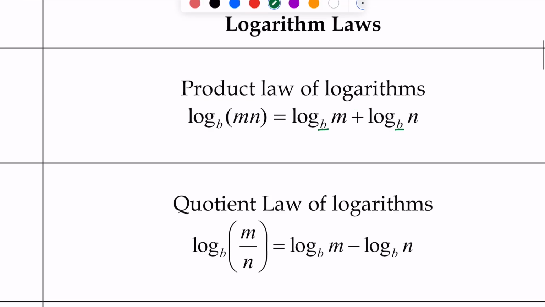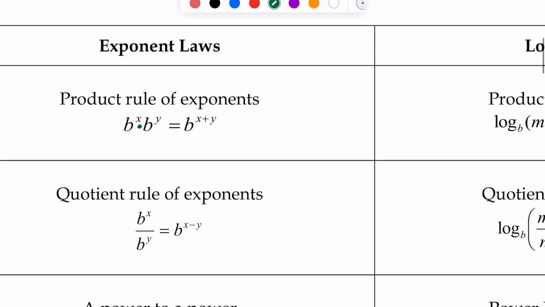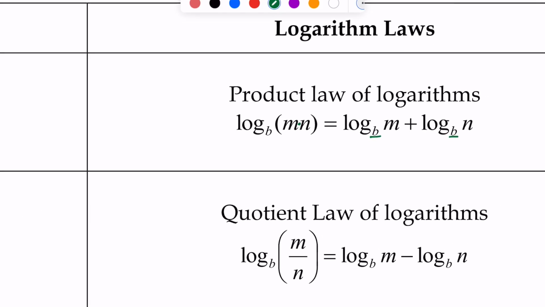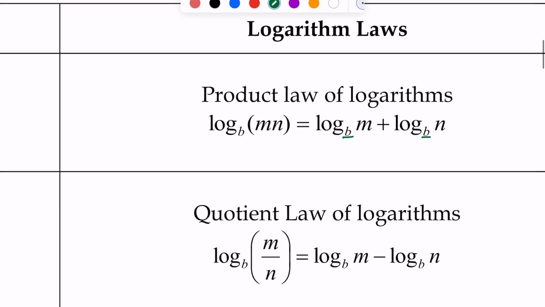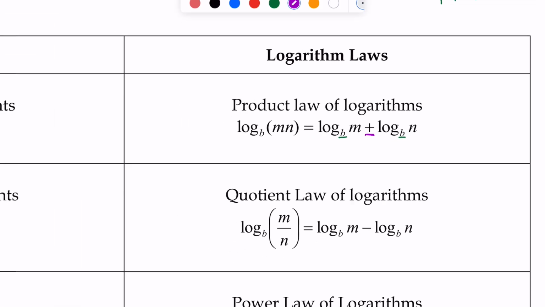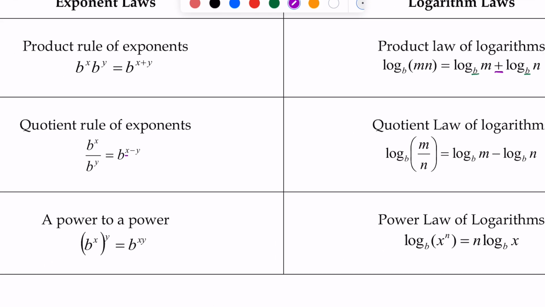And the reason we're showing you the exponent on the side over here is think back to when you did exponents. When you were multiplying bases, when it was a multiplication occurring, you ended up adding exponents. So when it is a multiplication occurring on the inside of a logarithm, you end up adding your 2. That's one way to think about it and remember it. In exponents, when you did quotient or division, remember you ended up subtracting.